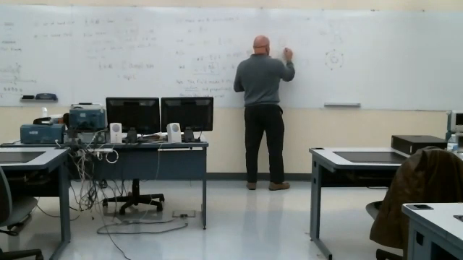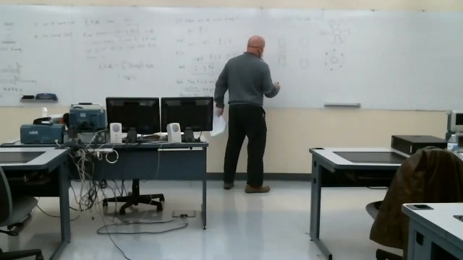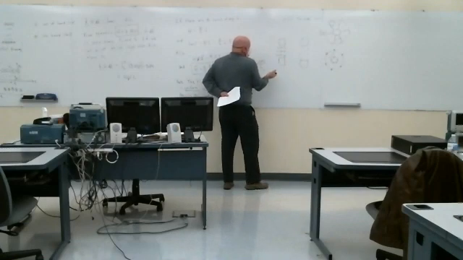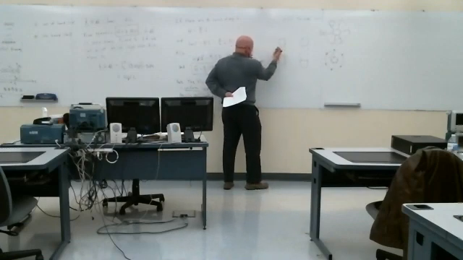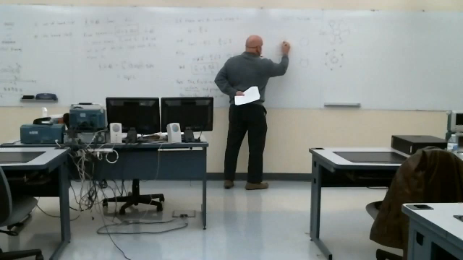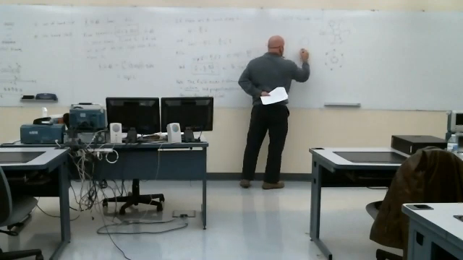Here, if I've got my current loops like this, wound around the inductor, again H would be coming out of the board at the top and then into the board at the bottom.